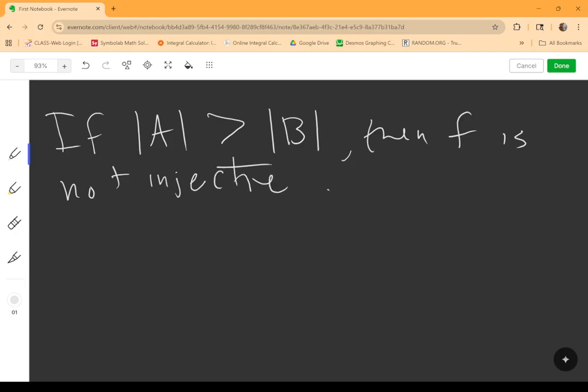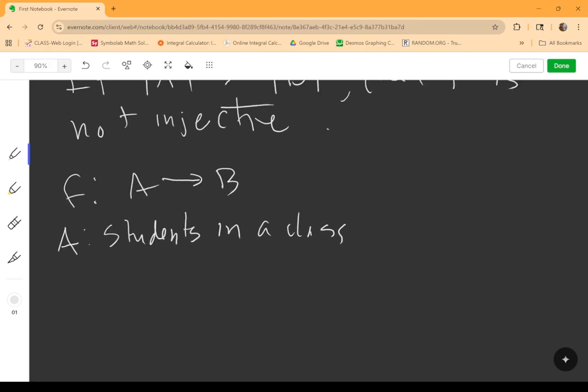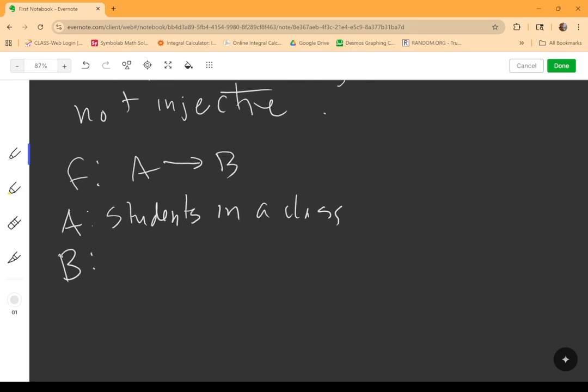All right. Okay, so think, for example, of a function f from A onto B, the function that maps the set A, which, let's define this formally, set A is the students in a class, and then B is the months in a year.